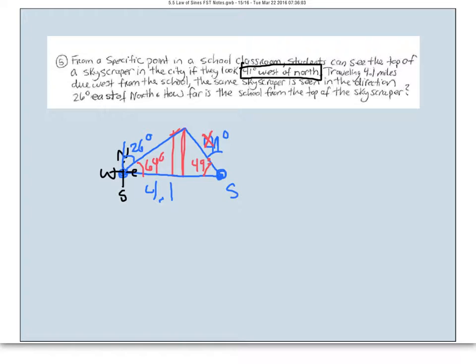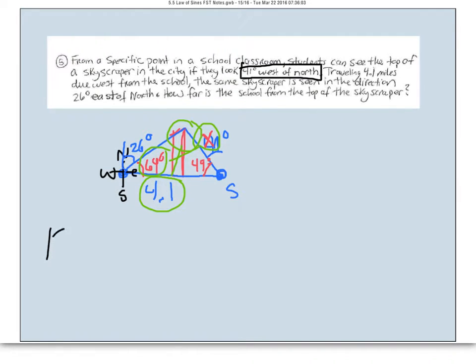Now, do I have enough information to find how far the school is directly from the top of the skyscraper? Sure, I have 64 degrees and that side length. The other thing that I know is this side length, and I actually know what this angle is right here. I just don't have it filled in.